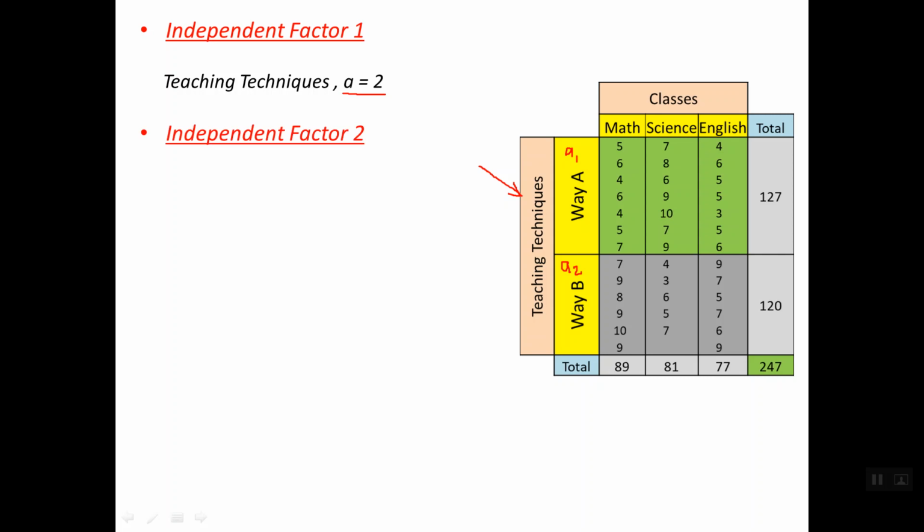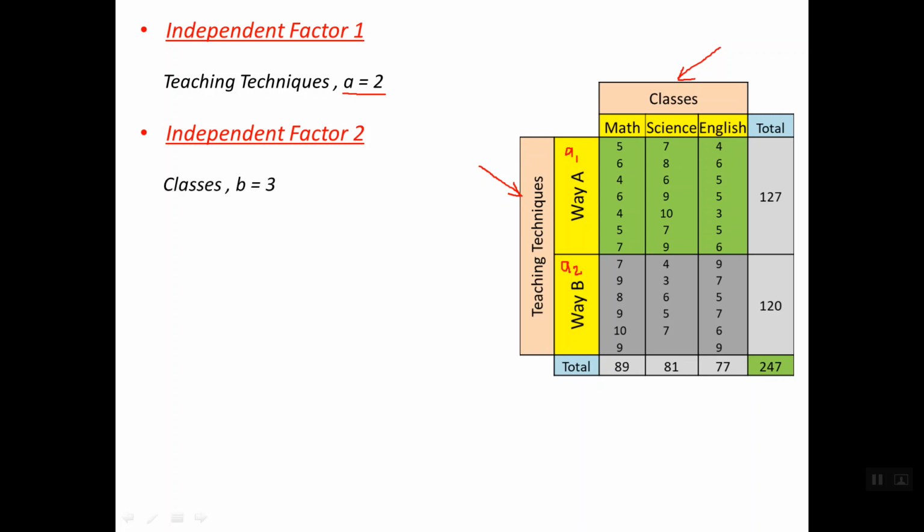For the second factor or second independent factor, we have the classes. And as you notice here, we have 3 levels for this independent factor, which are simply the math, the science, and the English.